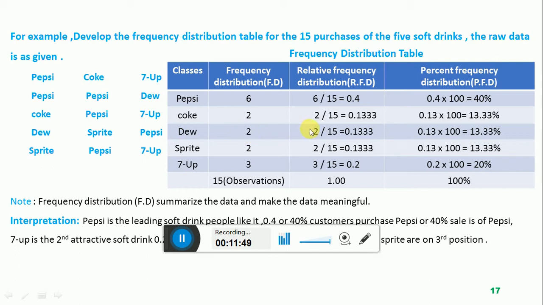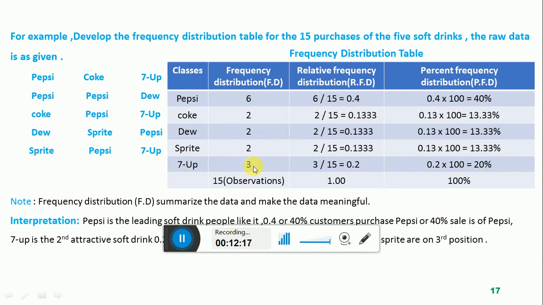Frequency of the class 2 divided by the total observations 15 is 0.1333. Again, relative frequency of the fourth class Sprite: frequency of the class 2 divided by the total observations 15 is equal to 0.1333. And in the same way we can compute it for 7-Up.